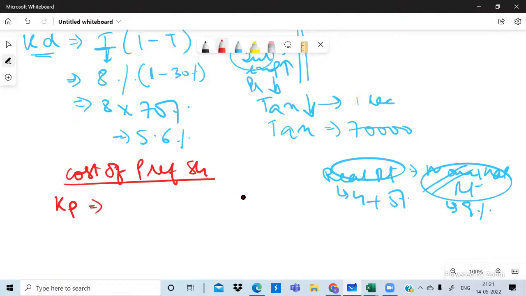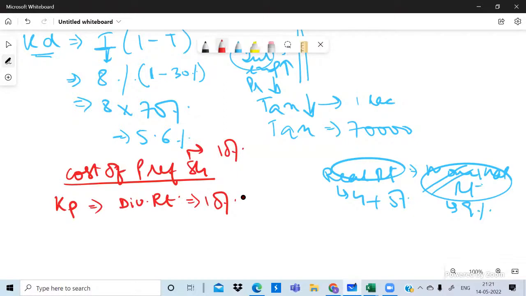Cost of preference shares is nothing but your dividend rate. So let's say the company has issued preference shares and the company says on my preference shares, I'll be giving you a dividend of 10%. So in that case, my cost of preference will become 10%. So that's my cost of preference.